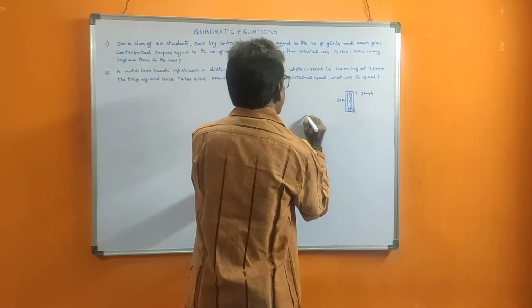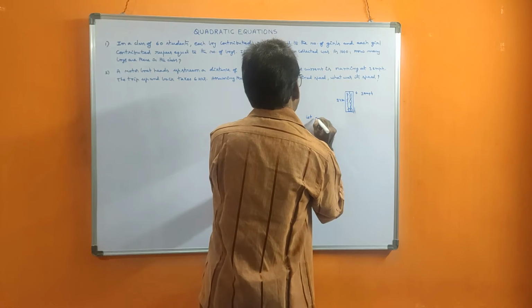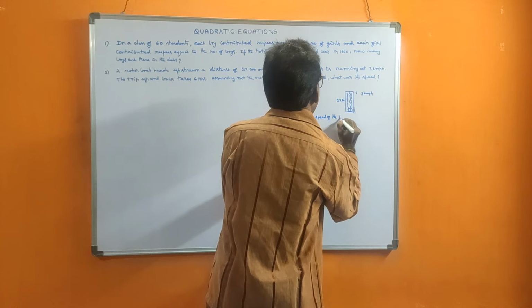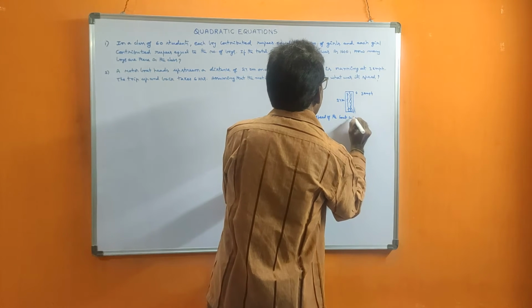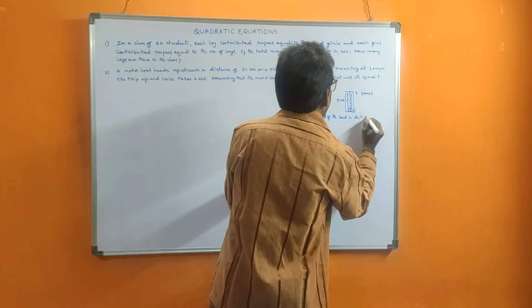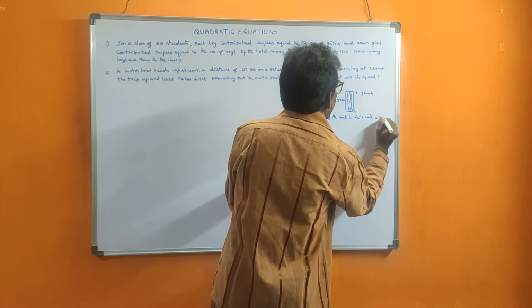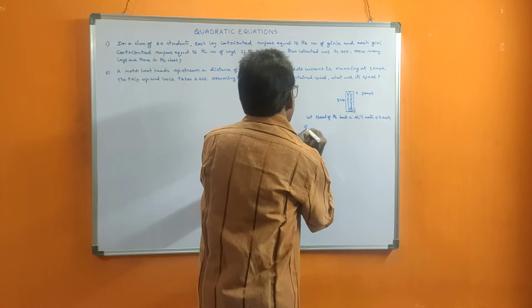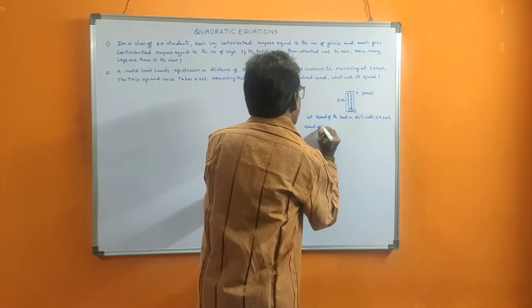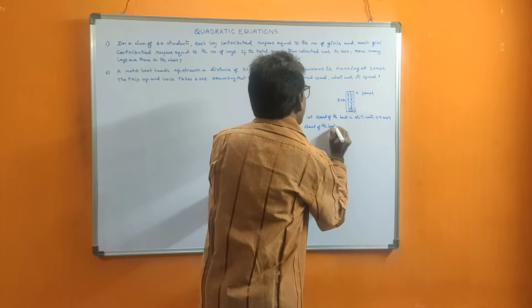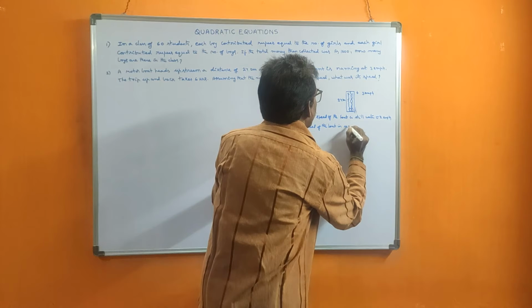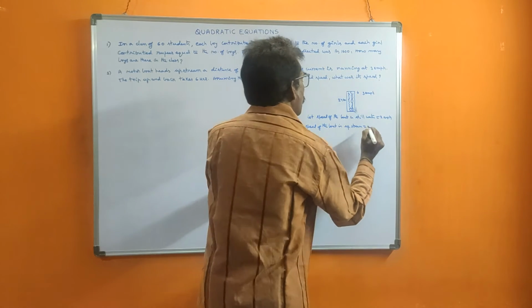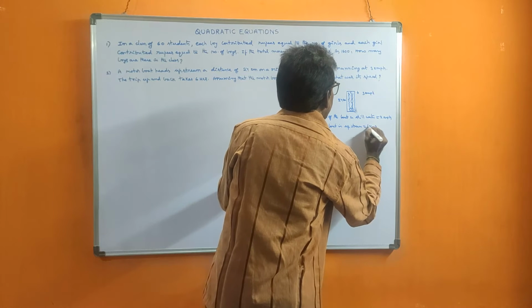Now let the speed of the boat in still water, that means normal speed, be x kmph. Speed of the boat in upstream, meaning against the current, is x minus 3 kmph.